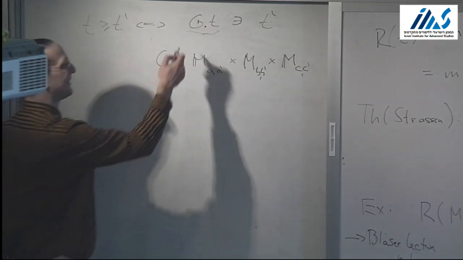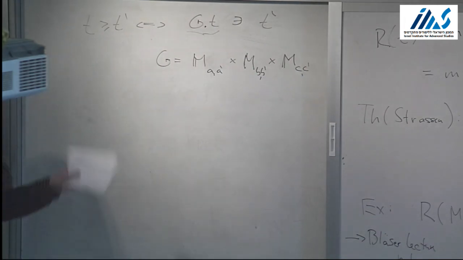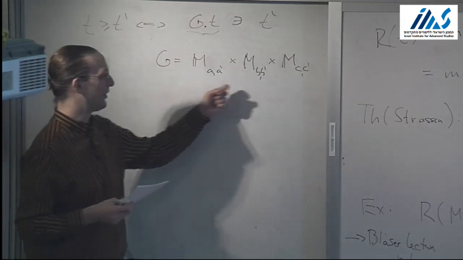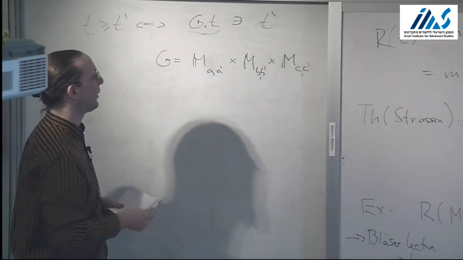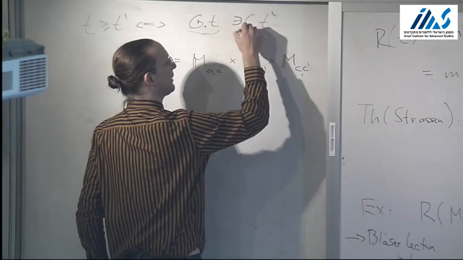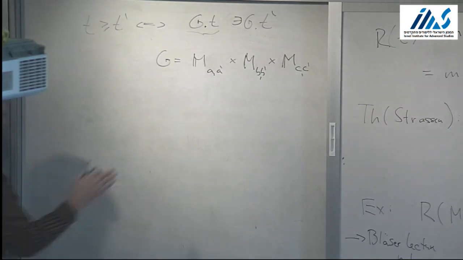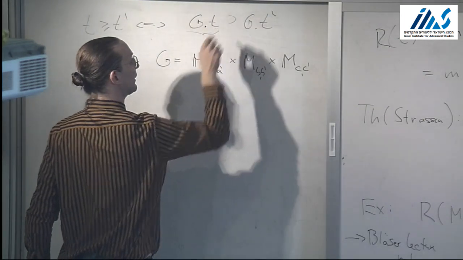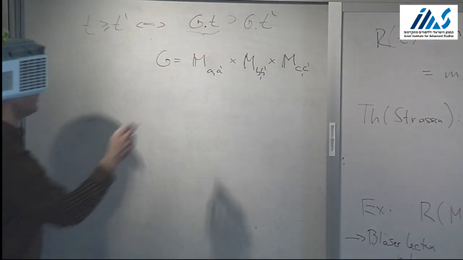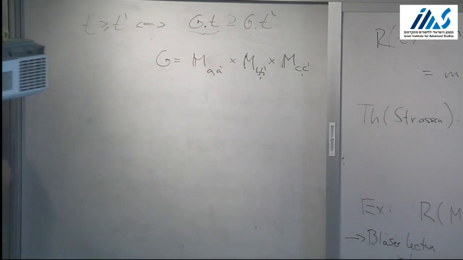But the left-hand side is, of course, a set. It's closed under the action of that group. So I can also ask, is the orbit of T prime contained in, now I'm changing it like that, the orbit of T? And that is equivalent to the question of restriction.